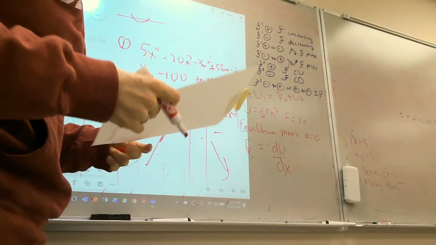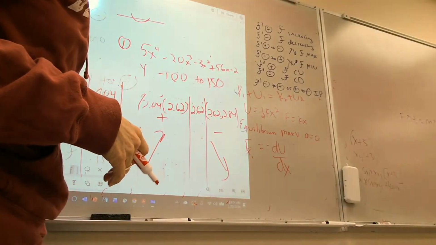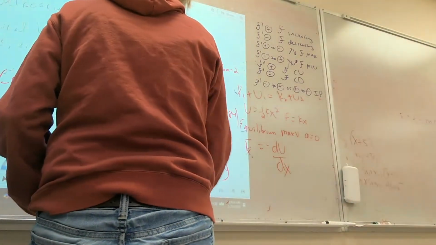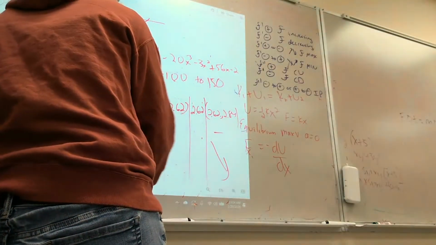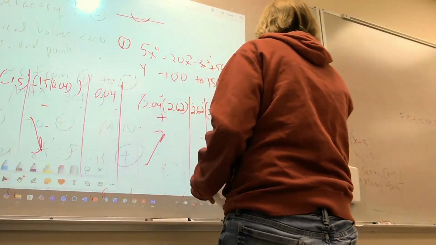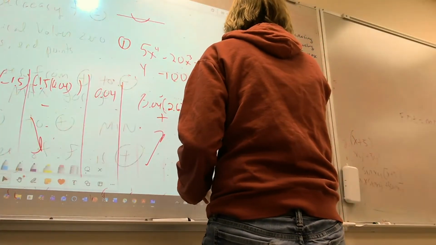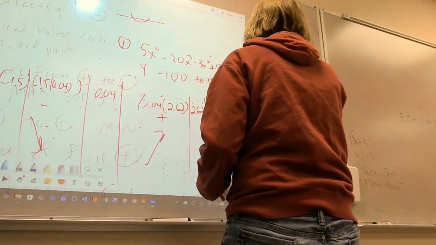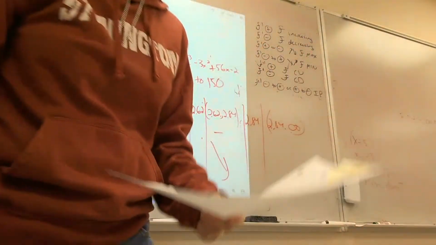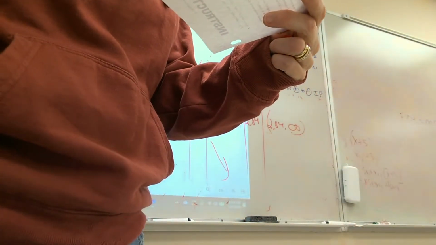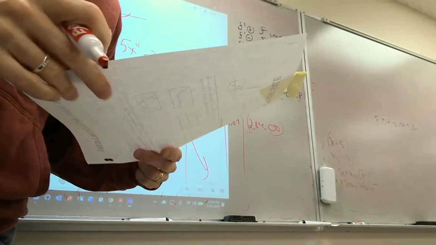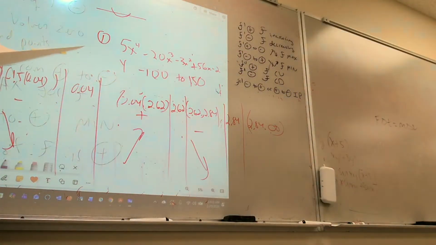And then 2.84 to infinity. I ran out of space. Erase this. 2.84 to infinity. You should have gotten all of those. Then pick out the rest of your notes.